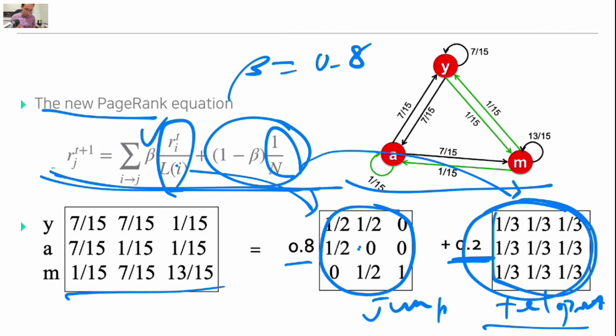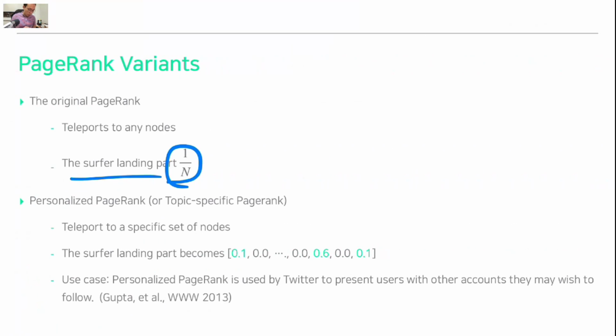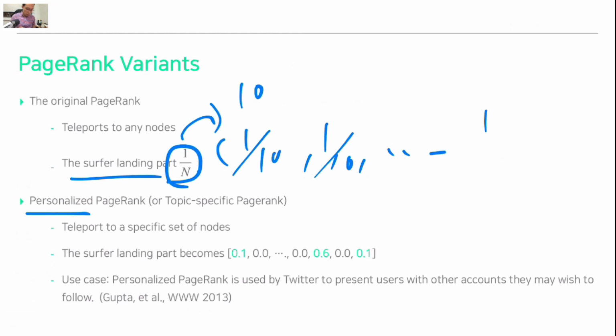That is presented like this. But personalized means we can go to some personalized teleporting part. Assume that we have 10 different nodes available, they all have the same value.